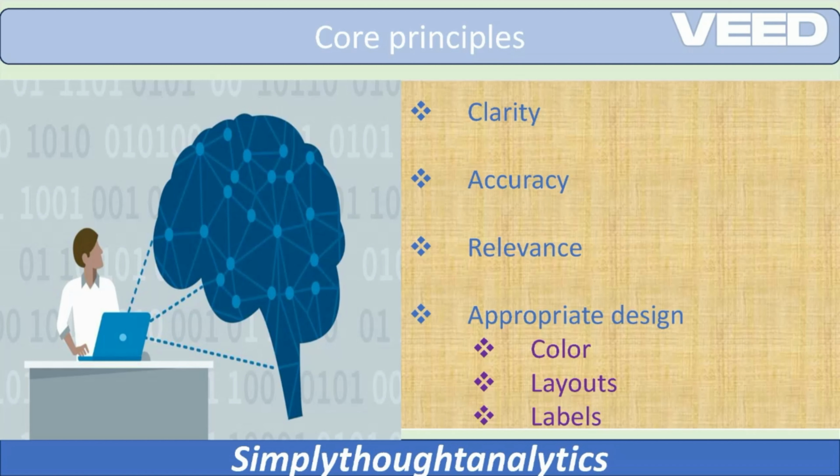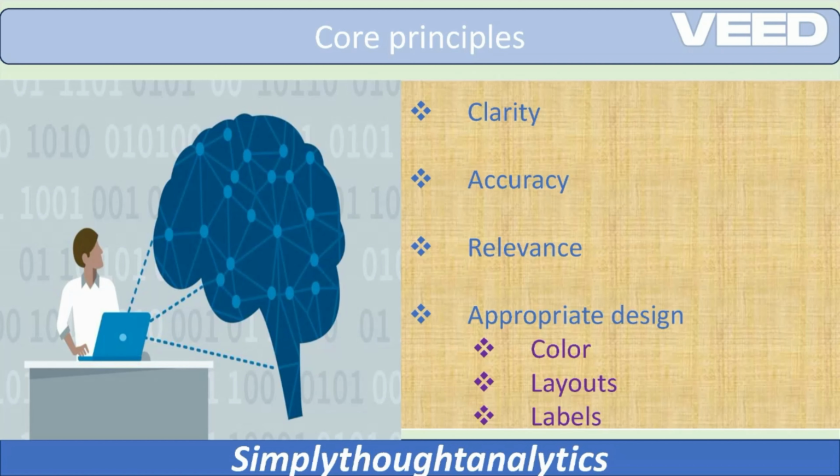One of them is clarity. When we are presenting our data or trying to build a visual, there must be clarity in terms of what we want the chart or the graph to represent, and the kind of information we are adding to the visual.